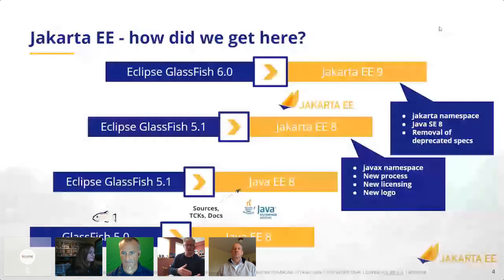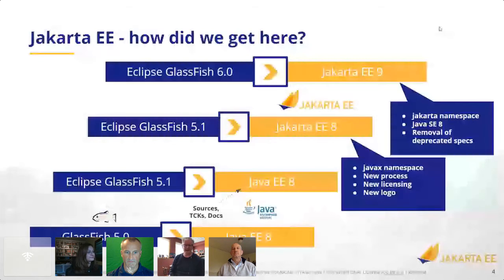In addition to Eclipse Glassfish, I know Open Liberty, Payara, WildFly, there were several other compatible implementations that came along for Jakarta EE8. So that was kind of the baseline just to get to that point.